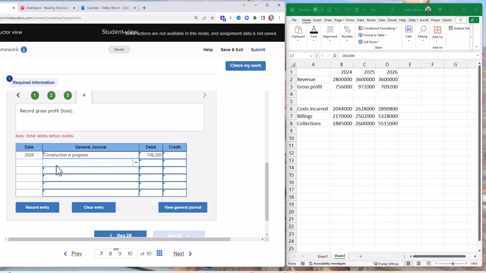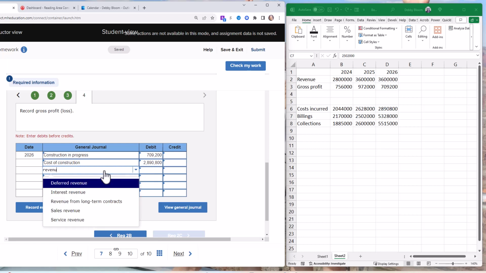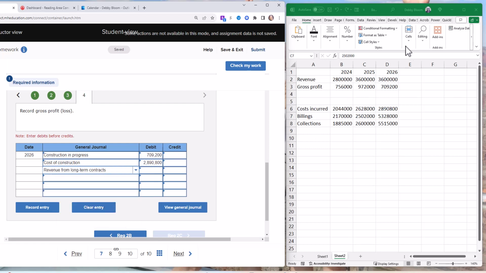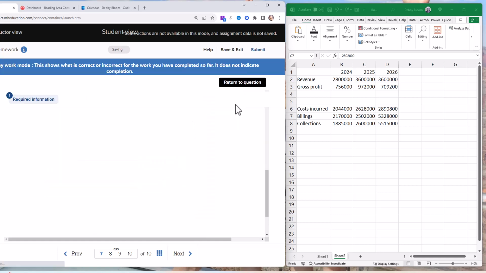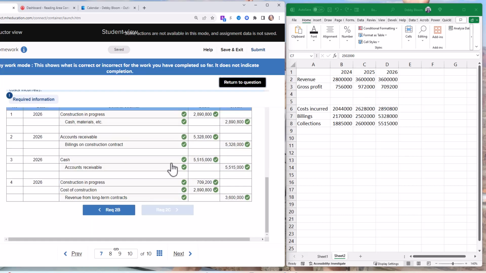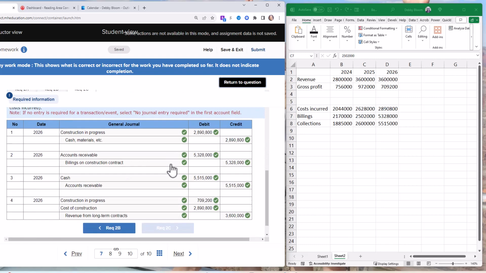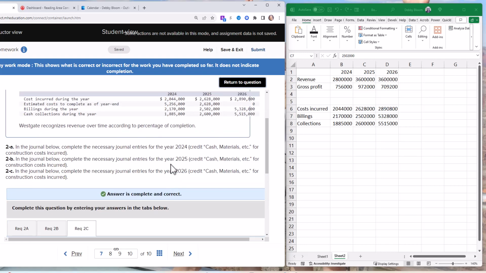We're going to debit cost of construction for the amount that we spent in year 3, which is $2,890,800, and the 2 should add to the revenue from the contract, which in 2026 is $3,600,000. And there we go. And the answer is now complete and correct.